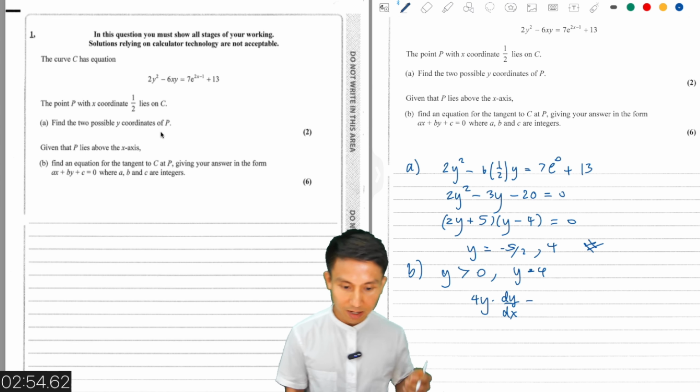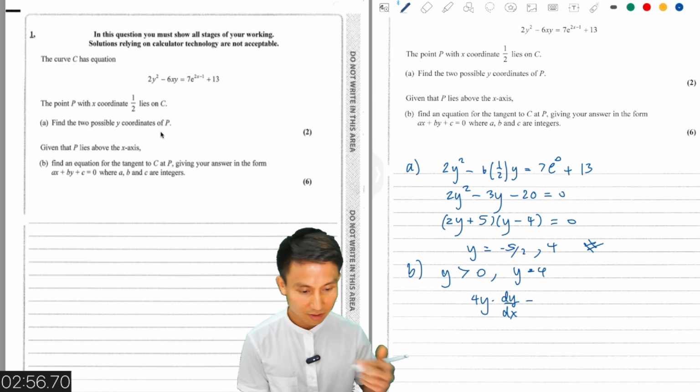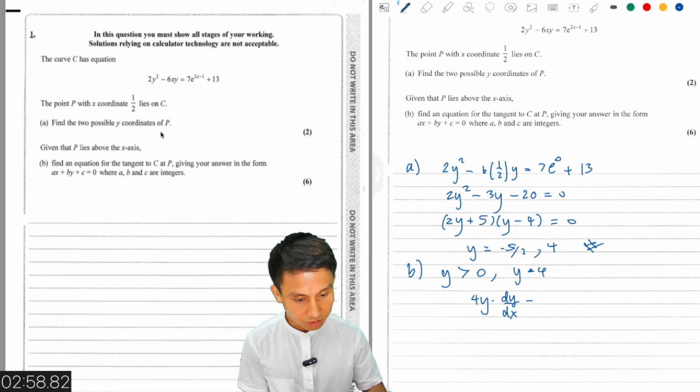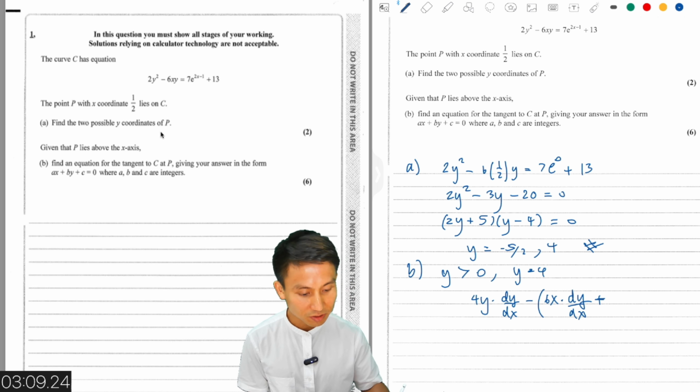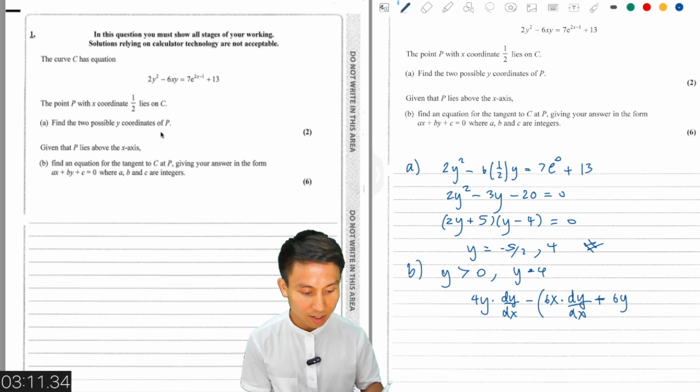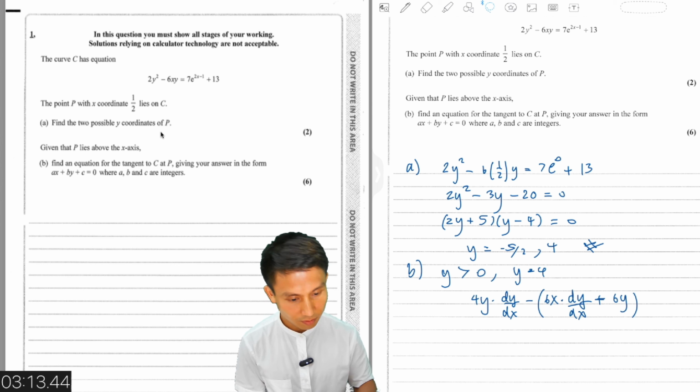Minus, well, gotta be careful here, 6xy, you need to do a product rule. So I'm just gonna do 6x and differentiate the y first, so dy by dx. There is a minus sign here. And plus, product rule, 6x differentiated, we get 6, and then keep y the same. There you go.